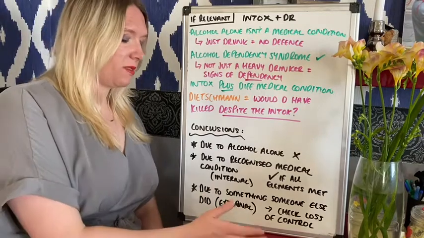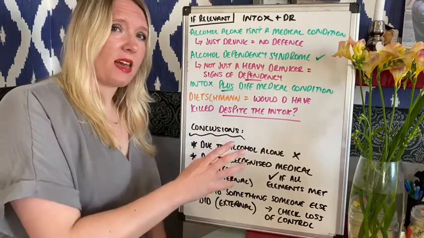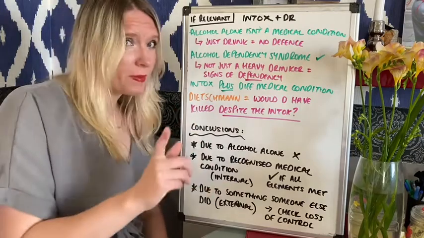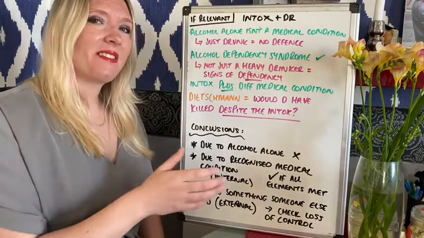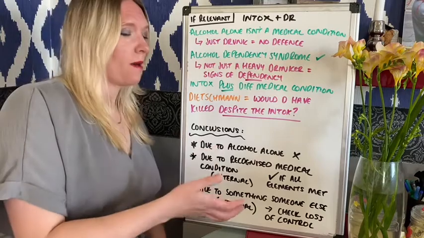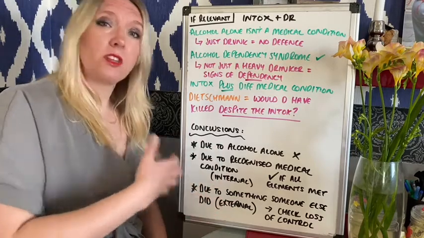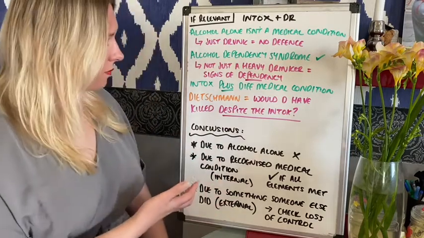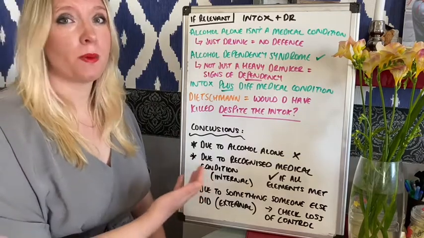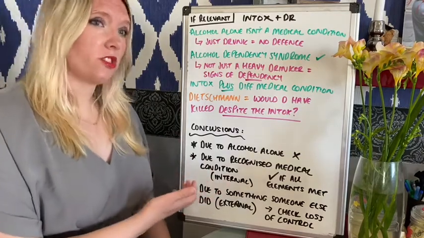And their sentence will be changed from mandatory life to whatever the judge thinks. And remember, that could still be life, just at their discretion. It may be more appropriate to give a hospital order, and you can suggest that in the exam. If you feel like the person's going to be a danger to the public, you may suggest a hospital order.